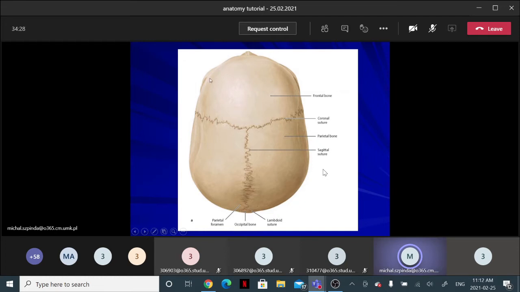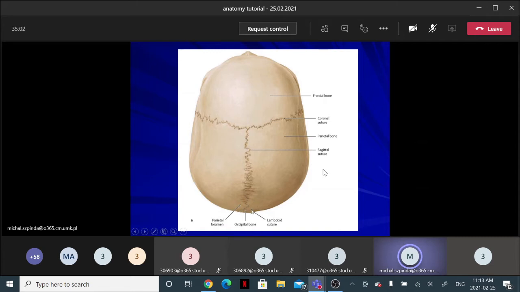On the superior aspect, we can see in front the frontal squama. The frontal squama is convex on its exterior surface and concave internally. And behind it, we can see 2 parietal bones.